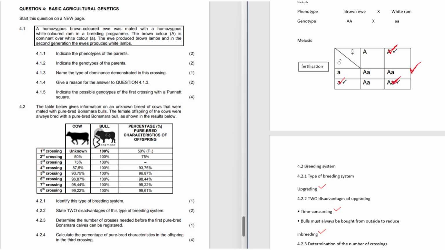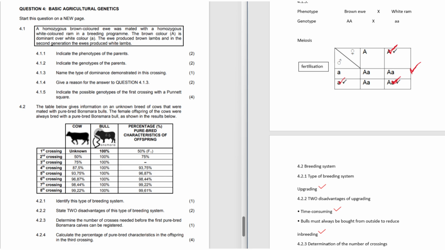Then the ewe, as we have said previously, is represented by the two capital letters AA, which is the homozygous dominant allele. This is because brown is dominant, so it is homozygous dominant, hence it has 2 capital letters.